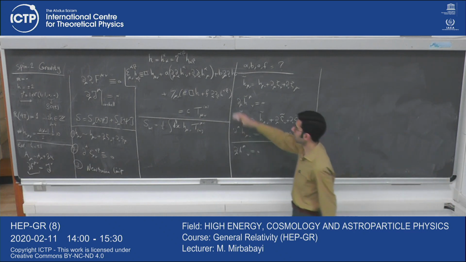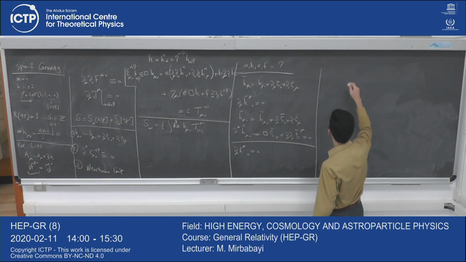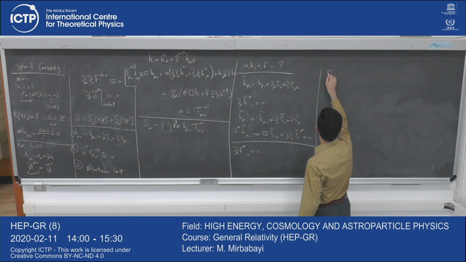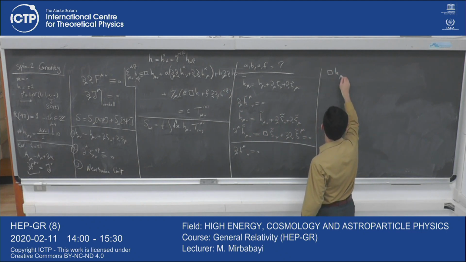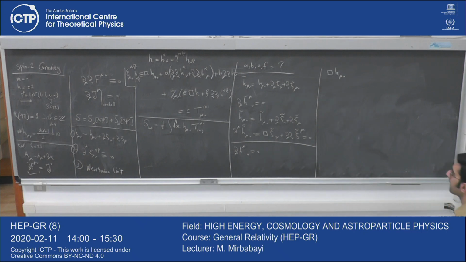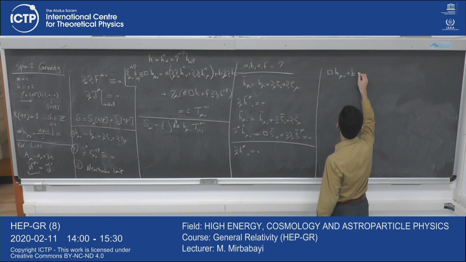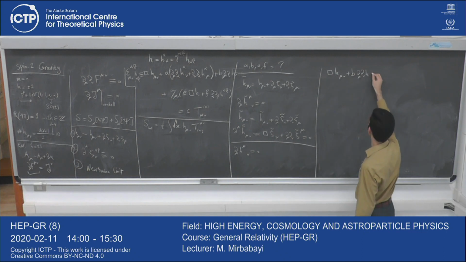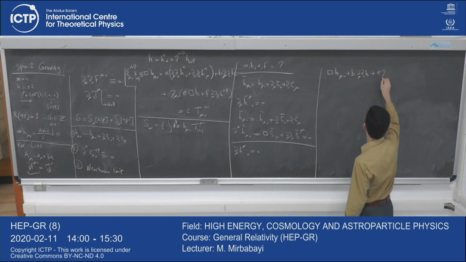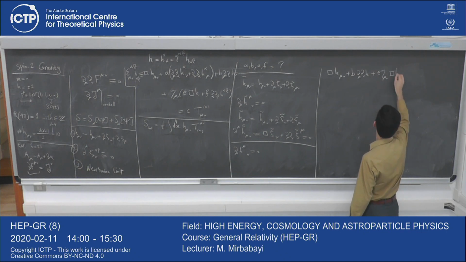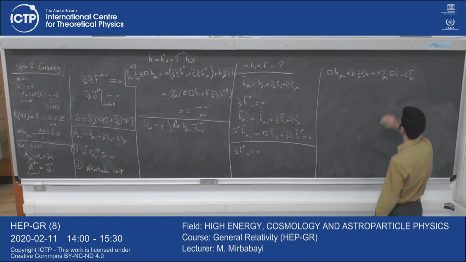Okay, now if I do that, then this equation simplifies. So now the equation will look like box h mu nu plus b d mu d nu h plus e eta mu nu box h is equal to c times T mu nu.